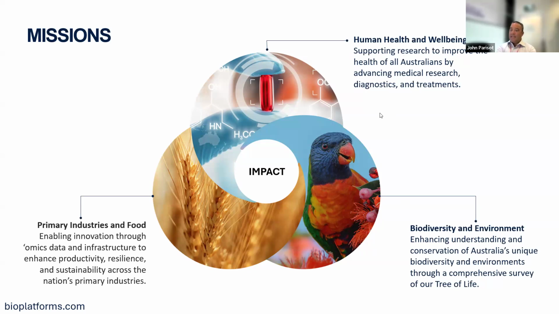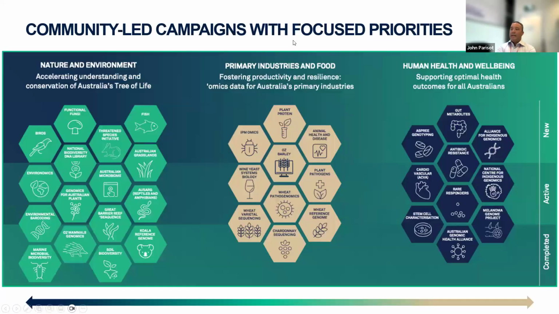So the way it has these impacts, on the next slide, Stuart, is predominantly using multi-omic and bioinformatics across these three examples. So I won't drill down to too much detail, but you can see in the nature environment, there are programs concerning biodiversity and fish, fungi and birds, across to primary industries and food, where many of our projects are about increasing the yield from Australian barley, reducing animal disease and improving their health, and plant pathogens and wheat reference genome.